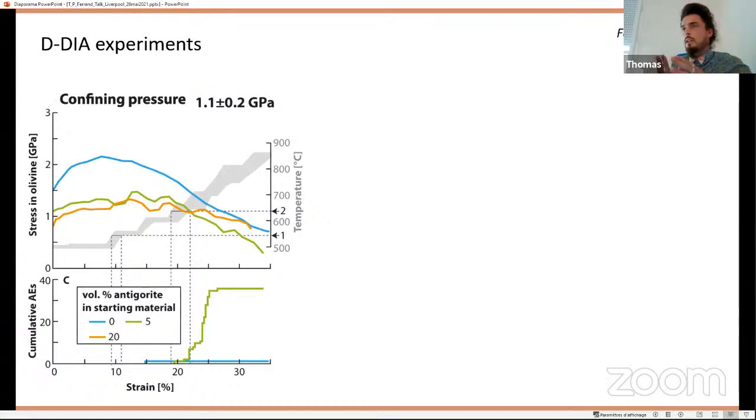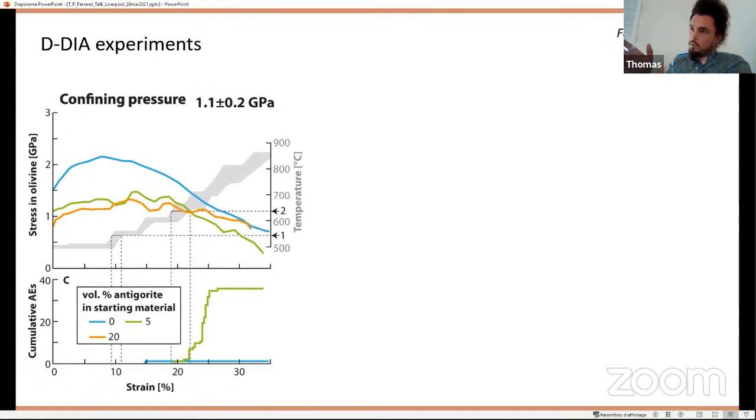What I want to say is that the deformation style and strain localization processes are scale dependent. The same behavior at the kilometric scale, for example, or at the millimetric scale in these experiments can actually hide very diffuse or very localized deformation at a scale that is 1,000 times smaller.